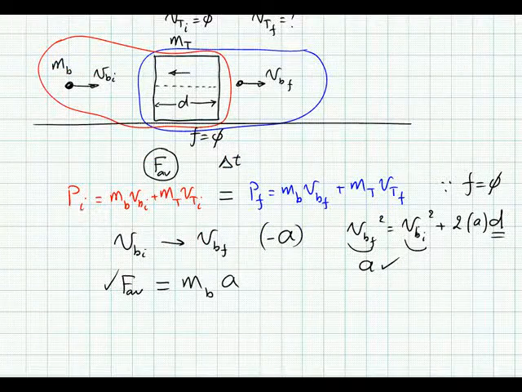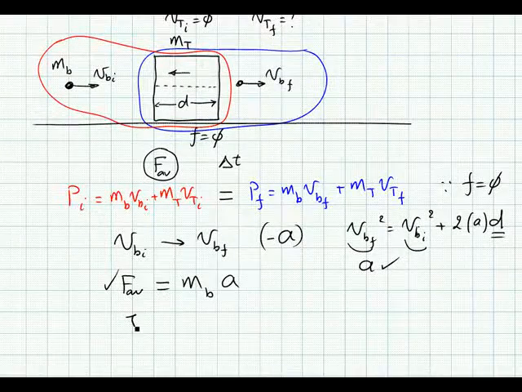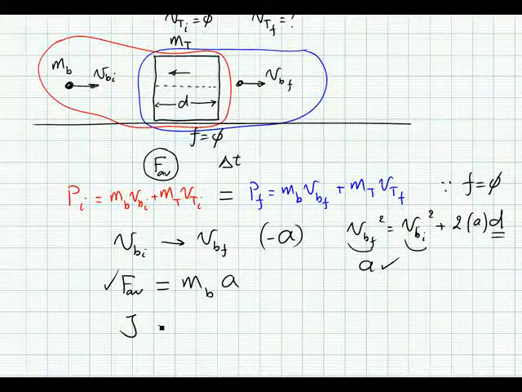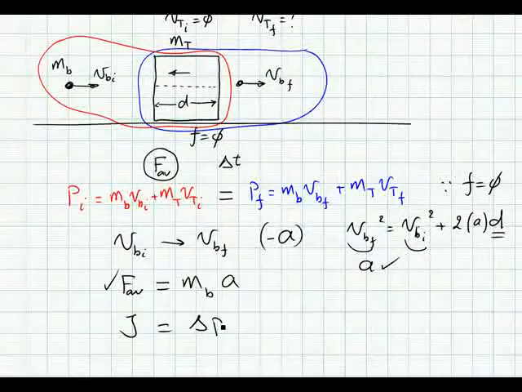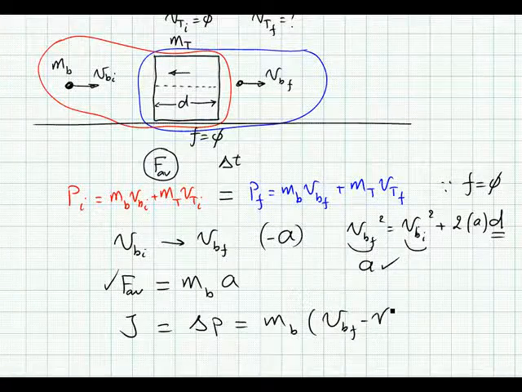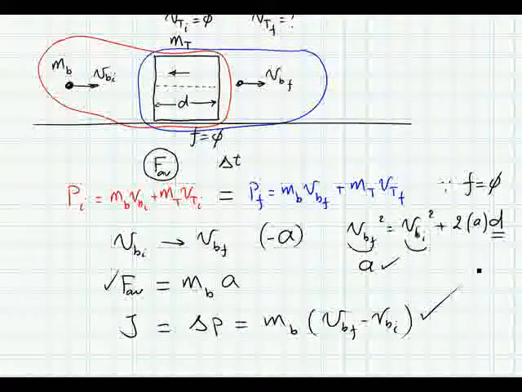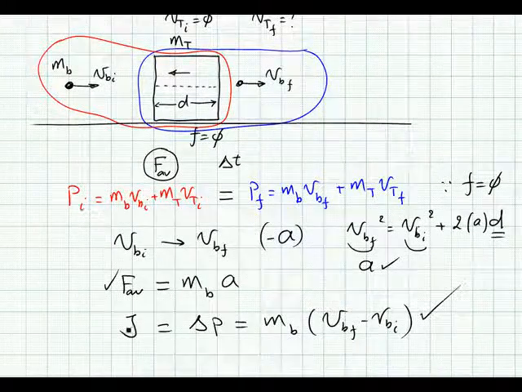Now, having figured out the average force, use impulse momentum theorem. It says impulse on the bullet is equal to change in momentum of the bullet. Change in momentum of the bullet is simply mass of the bullet times velocity of the bullet final minus velocity of the bullet initial. So you can figure out the right hand side of this equation.